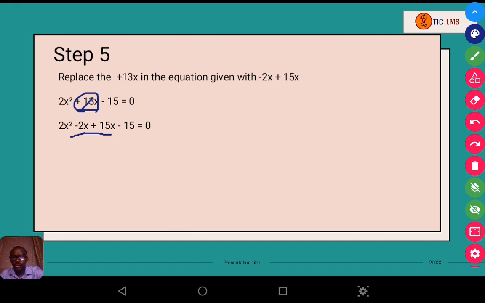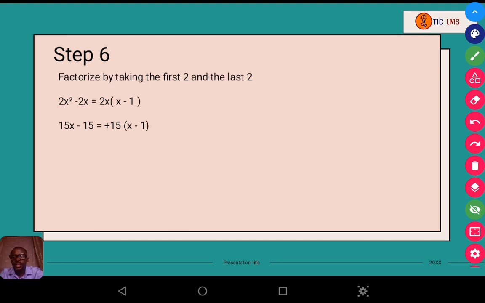You are also free to make it positive 15x coming first and then minus 2x. But in this case, here is what we have: 2x squared minus 2x plus 15x minus 15 equals 0. Let's see the next step.